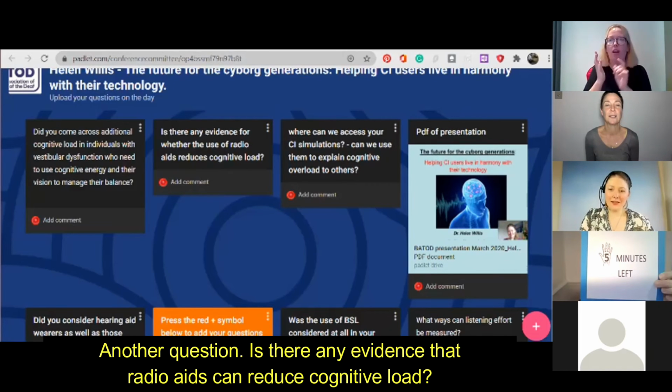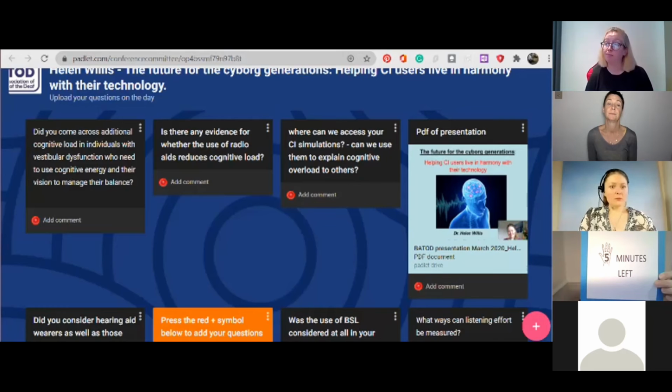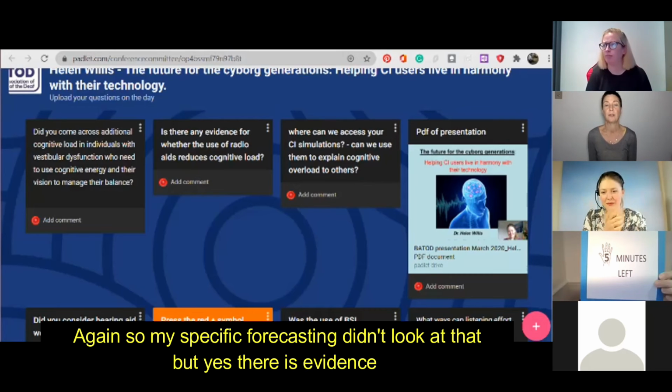Another question. Is there any evidence as to whether radio aids can reduce the cognitive load? Again, my specific work didn't look at that, but yes, there is evidence.